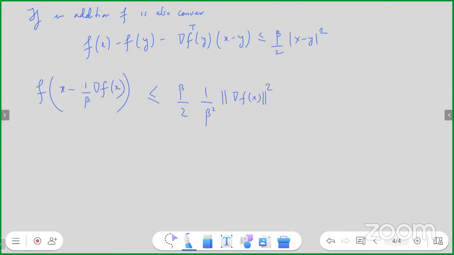Did everybody get it? Why is that true? So all we are doing is applying this inequality to the gradient descent update. It's like the whole analysis, right? Sorry. This is some minus f of x.